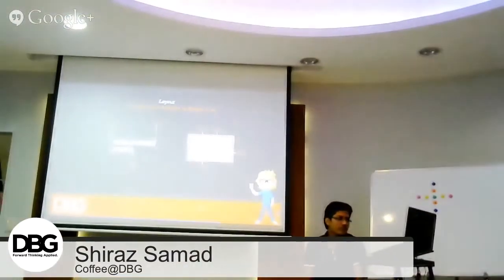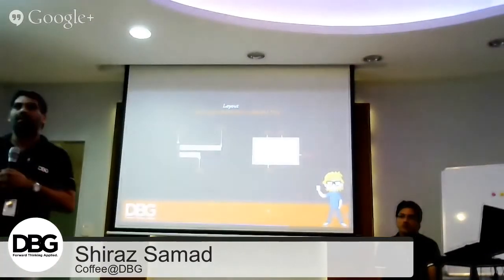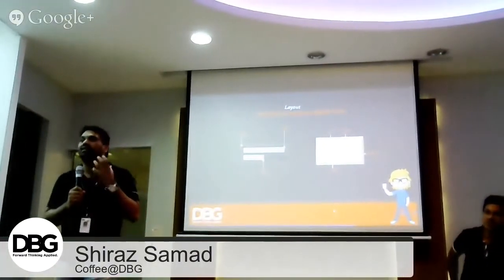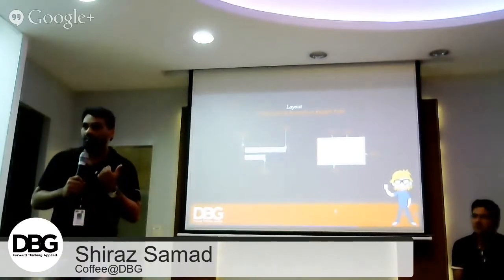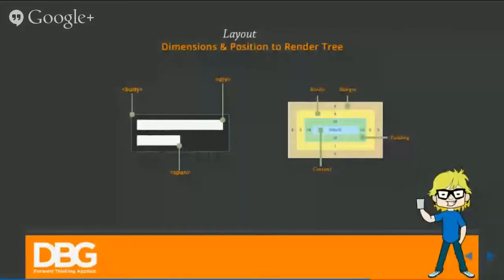The next step is layout. Actually, in this step, the blocks get their dimensions and positions. All the dimensions are calculated, and the position is also given in this step.